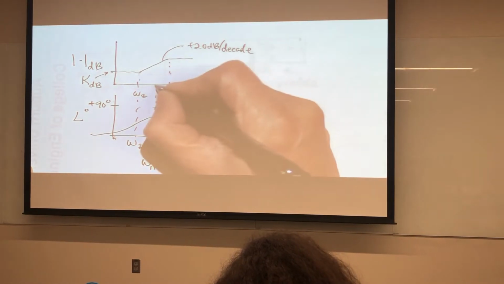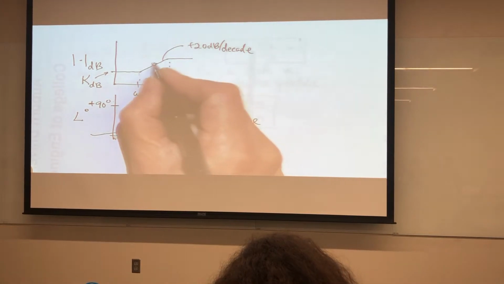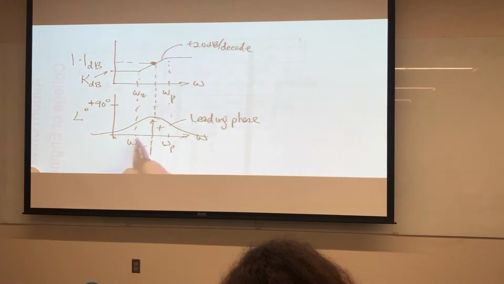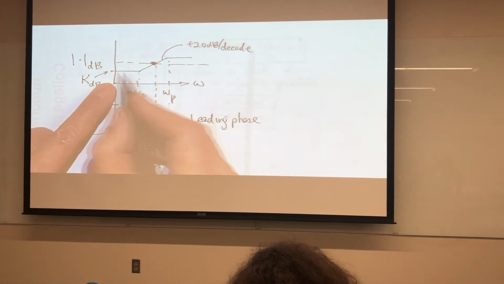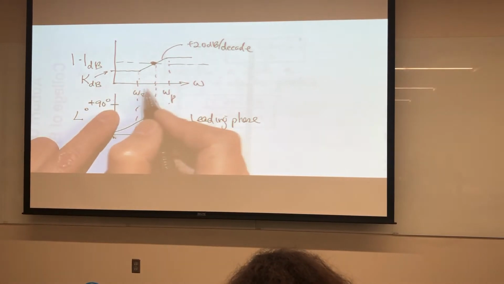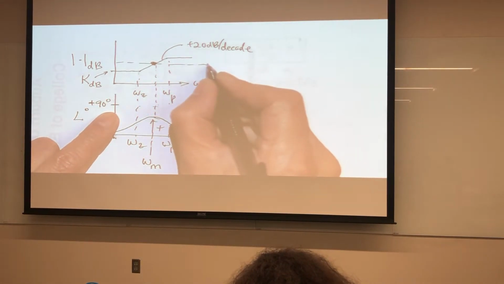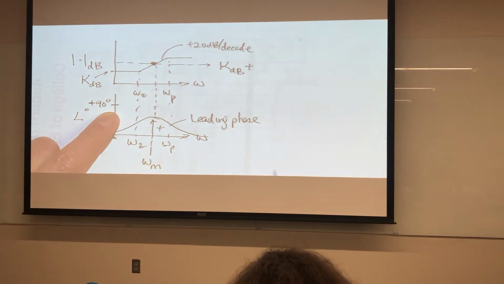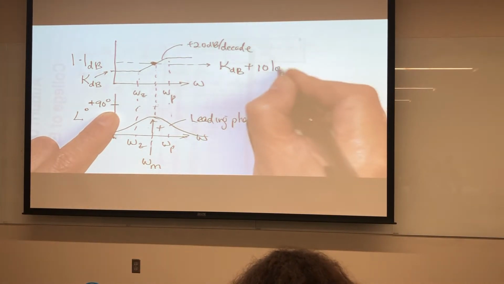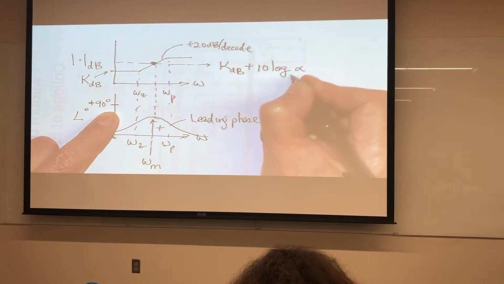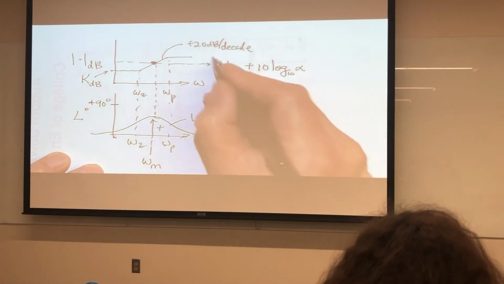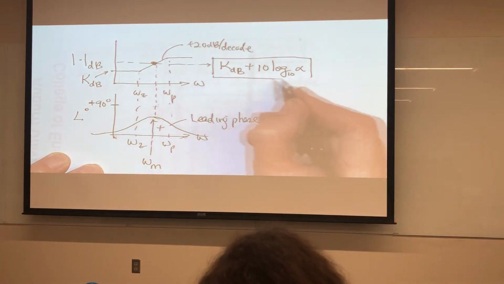And if we project up in here, we would like to know what is this gain that's halfway, geometrically halfway in between. It turns out it's going to be whatever this gain is plus 10 more than that, and it depends on the separation. So you get a formula here that says it's K in dB plus 10 log alpha. Again, all our logs in this class are base 10. So this is the other equation we need to know.